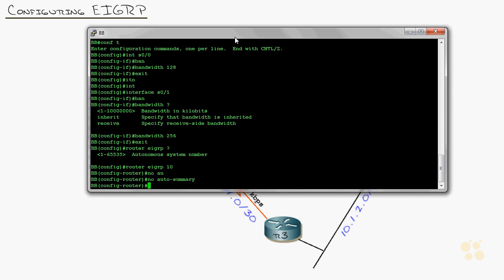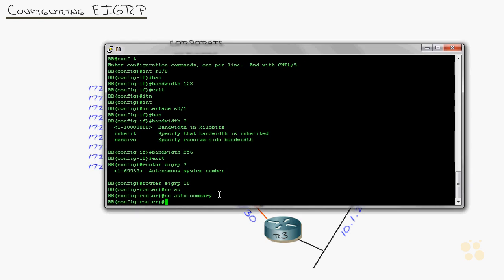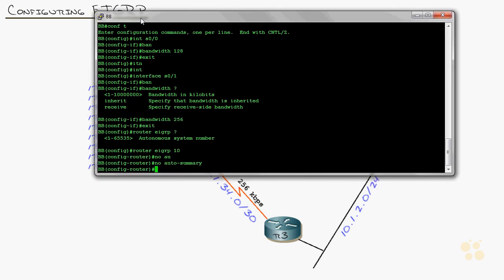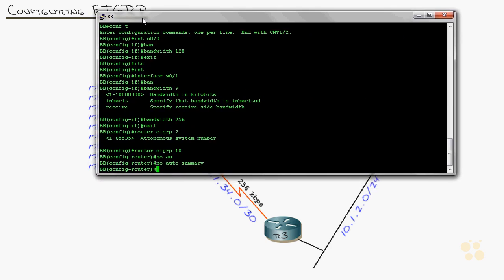Not good. So they actually disabled auto-summary as the default somewhere in the IOS 15 range. I can't remember the exact version, but still, make it your habit to type that in. Otherwise, you can only use one subnet mask, and anytime you cross a classful boundary, like going from 172.30 into 10.1 or any 10 network, it automatically tries to summarize, which you may not want.